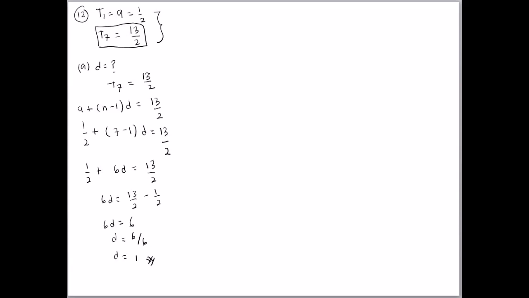And then question B. Find the 15th term of the sequence. The 15th term is T15 equals a plus n minus 1 d. Okay, substitute a, the first term, 1 over 2 plus n minus 1.